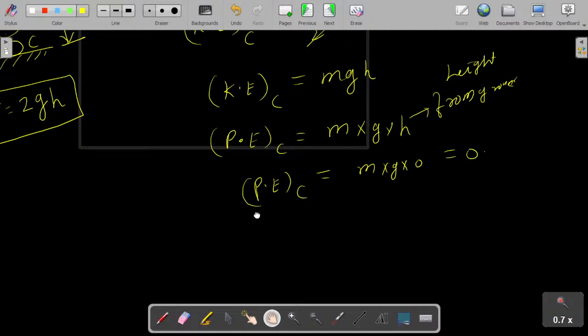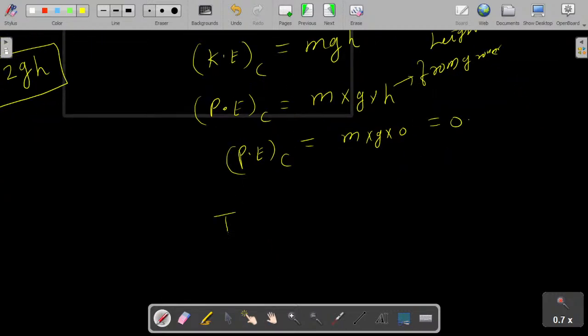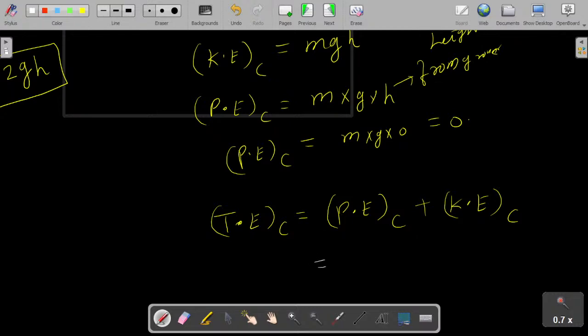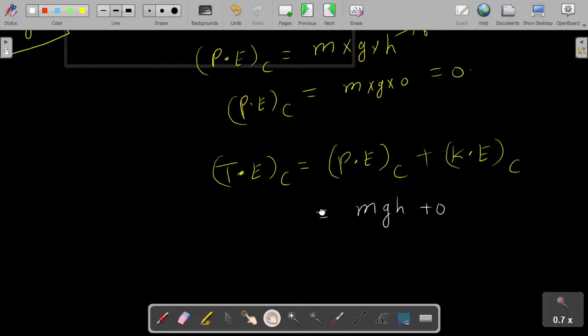So what is the total energy? Total energy at C will be potential energy at C plus kinetic energy at point C. Adding, we get mgh plus 0, so it will be mgh.